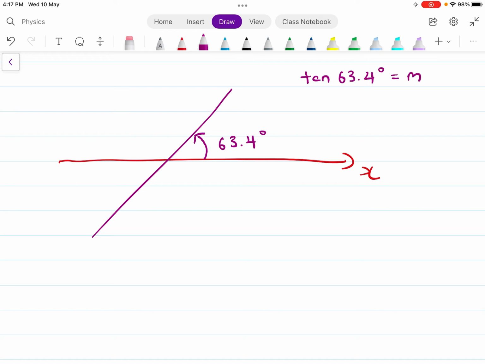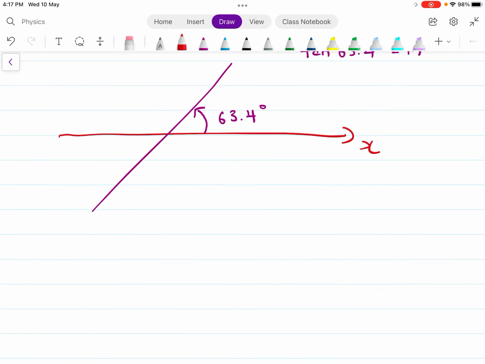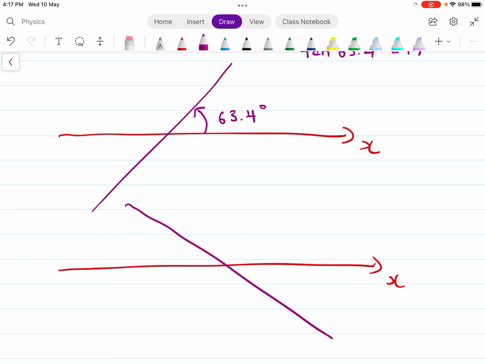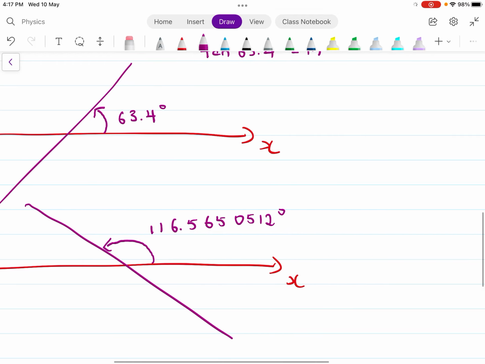What if I'm given this situation, where the gradient is like that? You must start calculating from here. Imagine that this is the 116 just now. Let me write down 116.5650512 degrees.